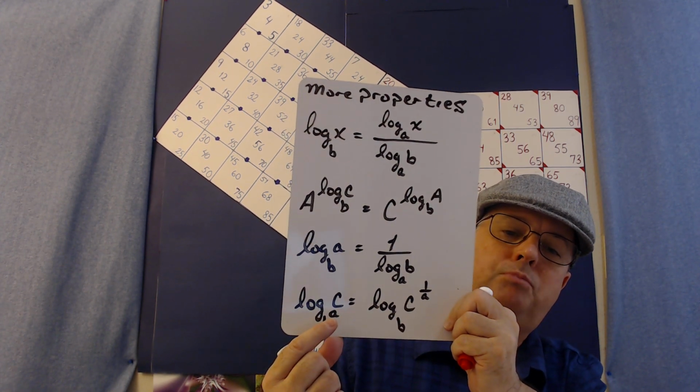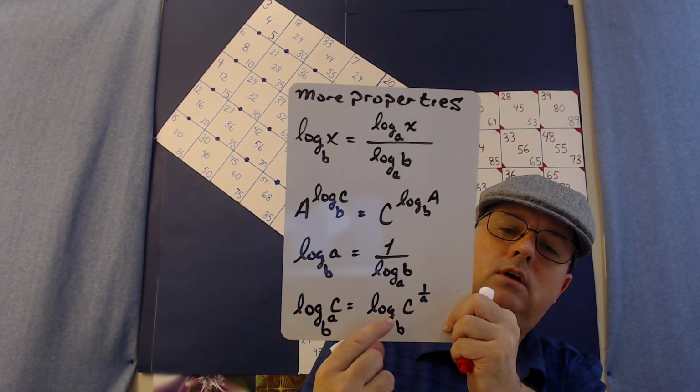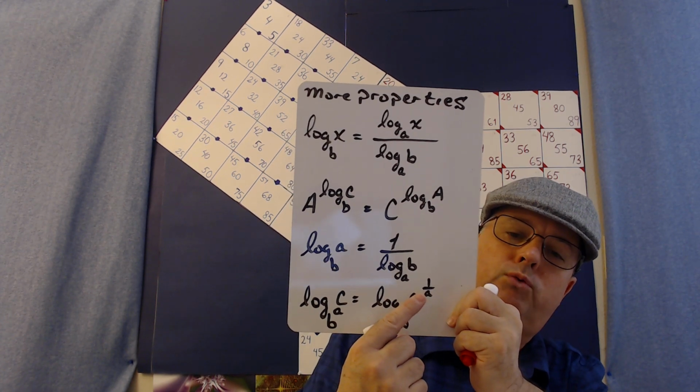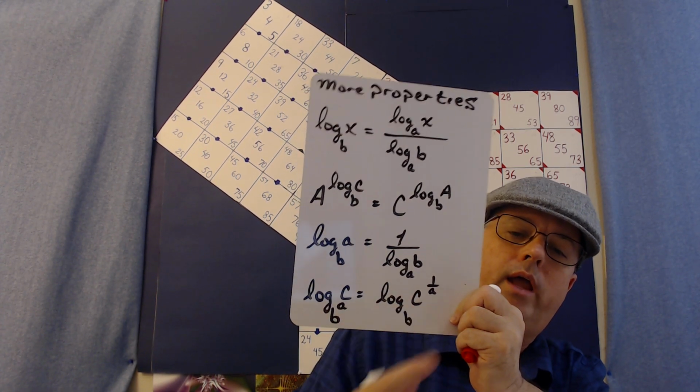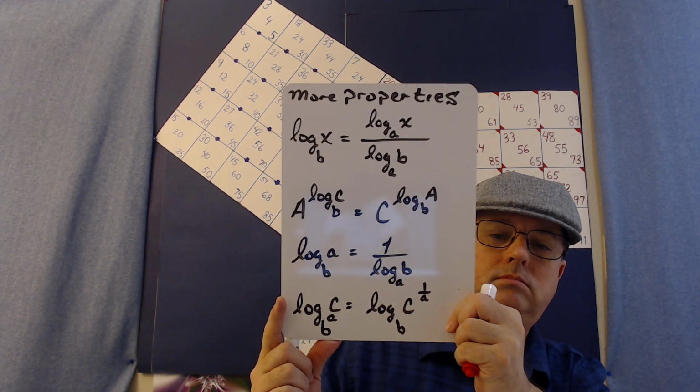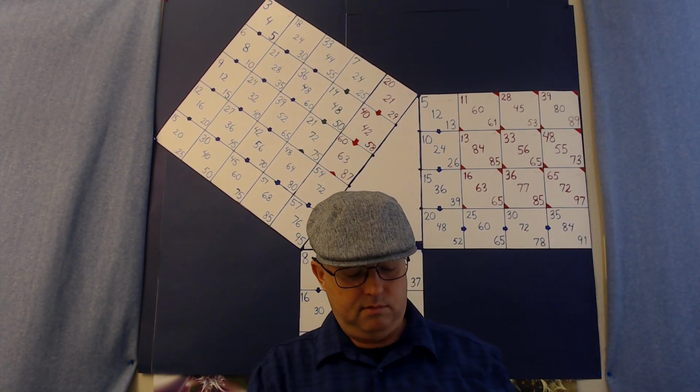So if you have an exponent down here where the base is, you can jump it up as a root, 1 over a. Superpowers of logarithms. Yeah, logarithms have powers, because logarithms are exponents. They must have powers. All right, we're going to talk about those later.